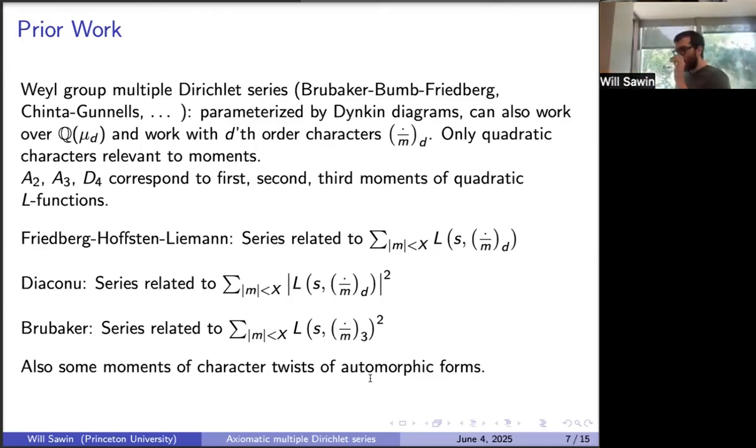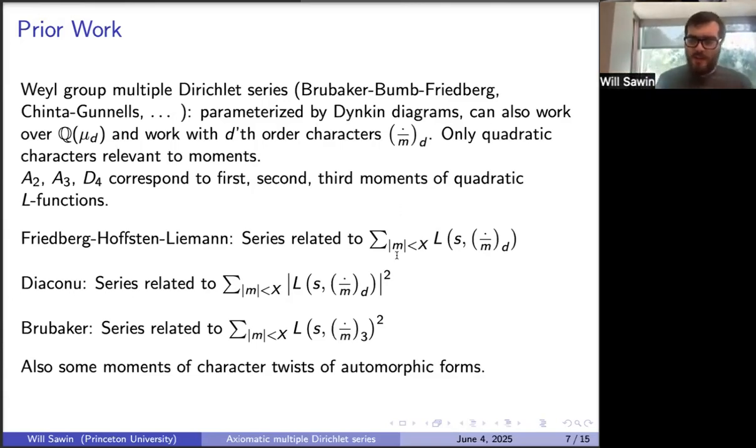So the Weil group multiple Dirichlet series, there's a beautiful theory. There's a uniform construction of them. They're related in a nice way to automorphic forms, to Eisenstein series on metaplectic groups. They have some relationships to combinatorics and to other fields.